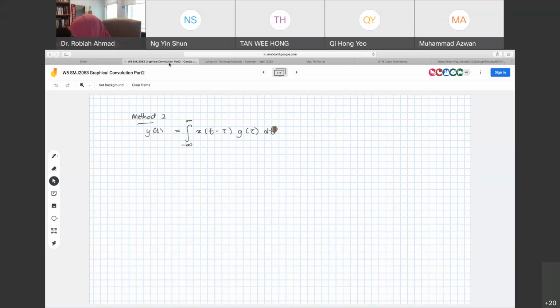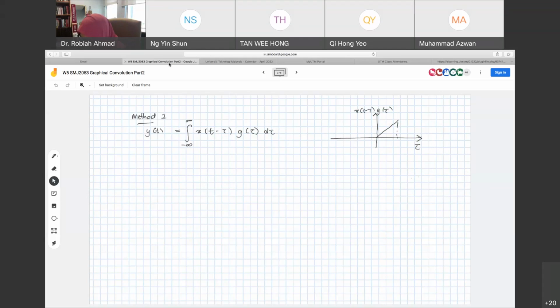So let us imagine how it looks like. This is the x(t minus tau) and g. So the g remains. The one to be shifted is u, x in this case.